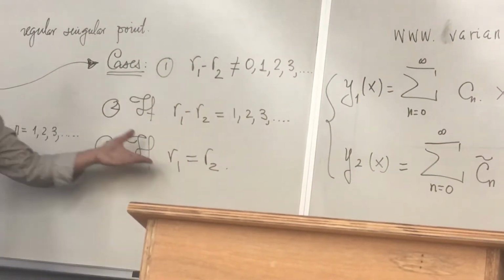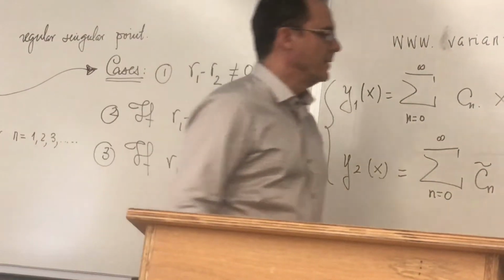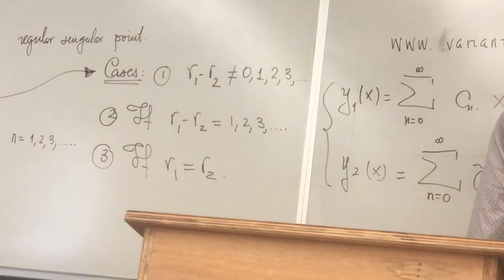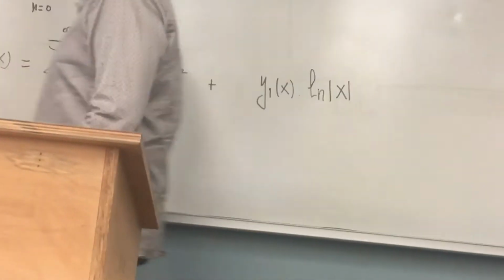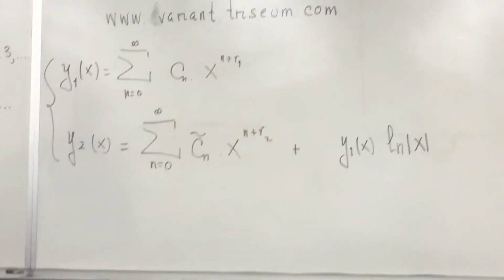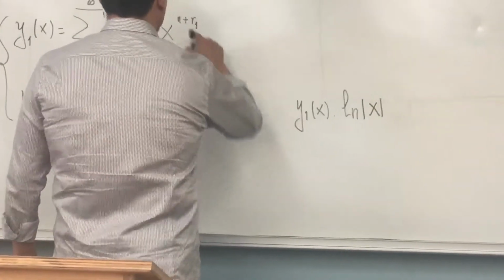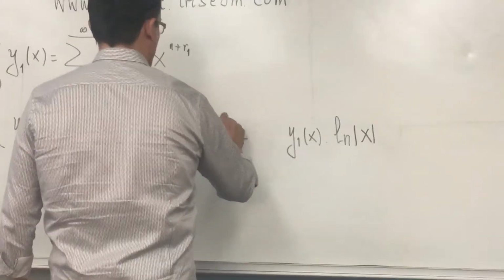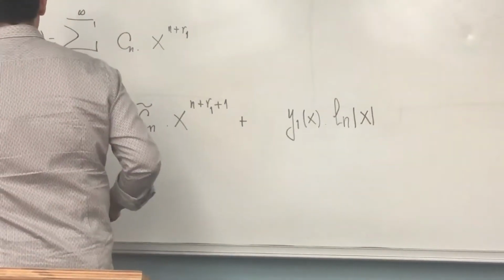Then, what are the two linearly independent solutions? In this case, you get this extra term, always. And that's when finding the second linearly independent solution becomes more complicated. So you get r1, the two are equal, so this is the r in case number 3.